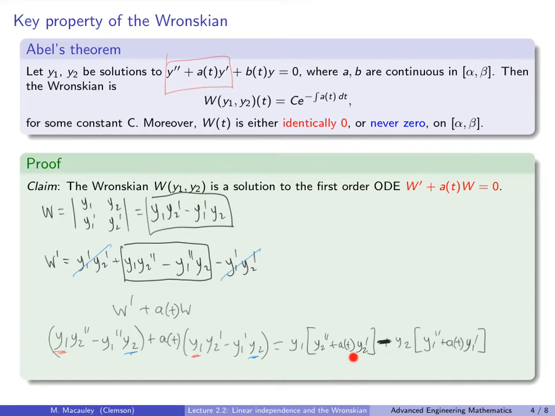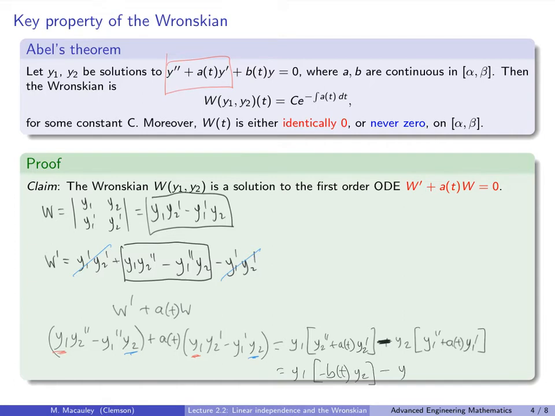Now y2 is a solution to that ODE. So if you plug y2 into here and you get y2 double prime plus a of t y2 prime, that has to be equal to the negative of this, b of t y. So this is in fact y1 times negative b of t y2.